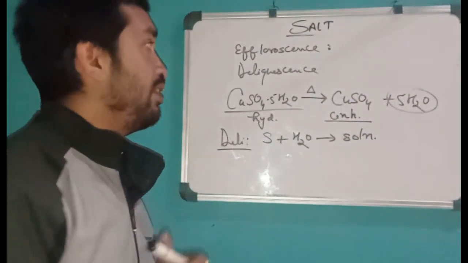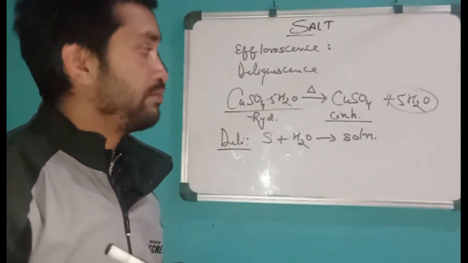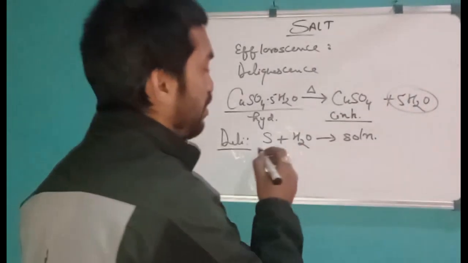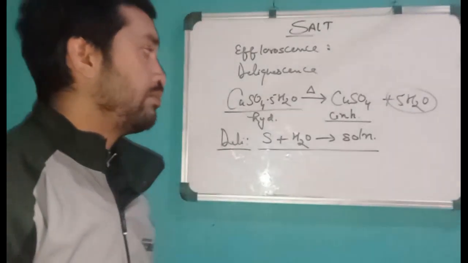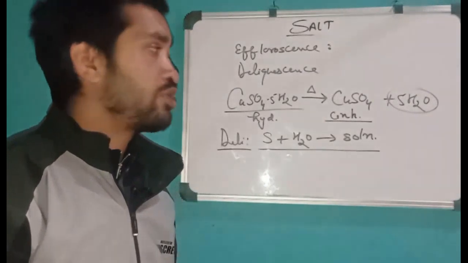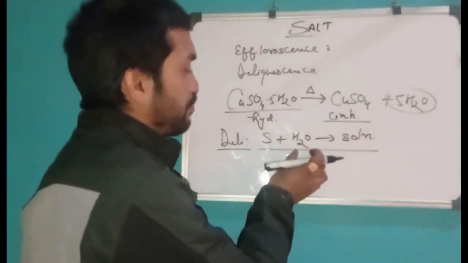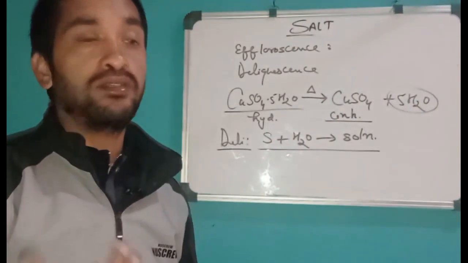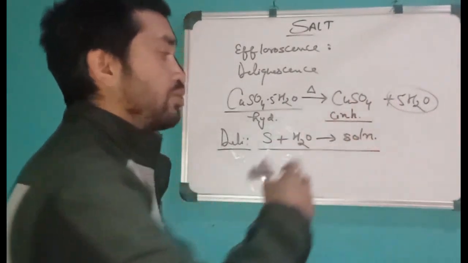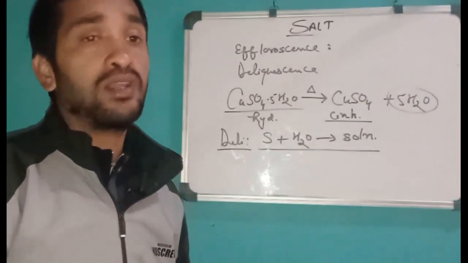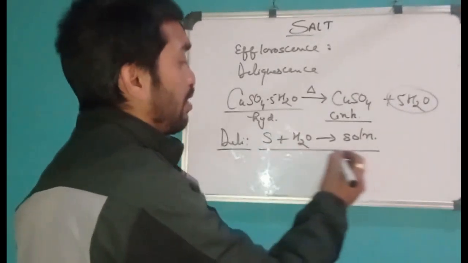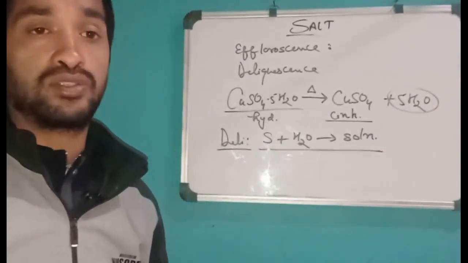They are called deliquescent salts. Normally the salt that you observe at your home, when exposed to the atmosphere, absorbs some moisture from the atmosphere and changes into solution form. You will observe that they change to liquid form. So those types of salt are called deliquescent salts.